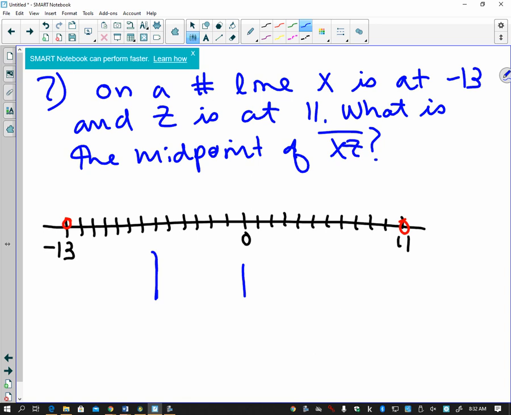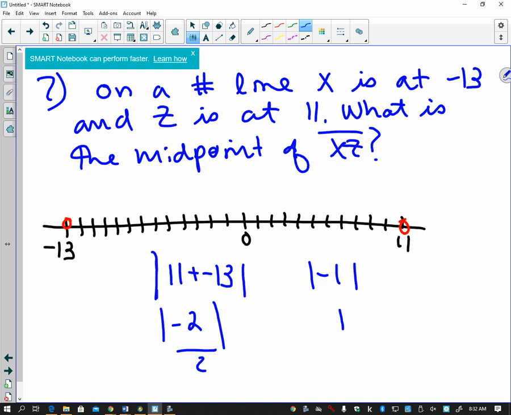So let's see. 11 plus negative 13. What's 11 plus negative 13? Would that be negative 2? And you want to divide that by 2? Which is going to give you what? Negative 1? But the absolute value is 1.